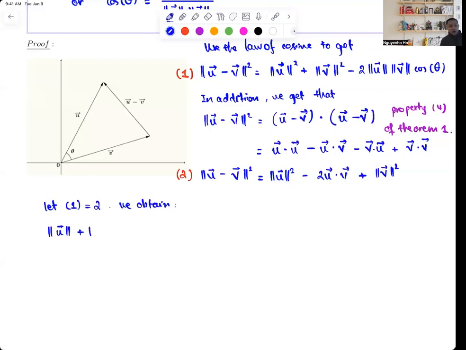So for the first equation, you have the magnitude of u squared plus the magnitude of v squared minus 2 times the magnitude of u times the magnitude of v times cosine of theta, equal to the magnitude of u squared minus 2 times u dot with v plus the magnitude of v squared.